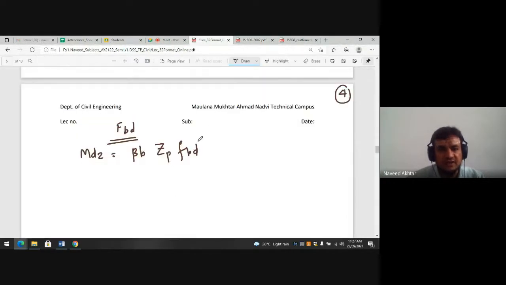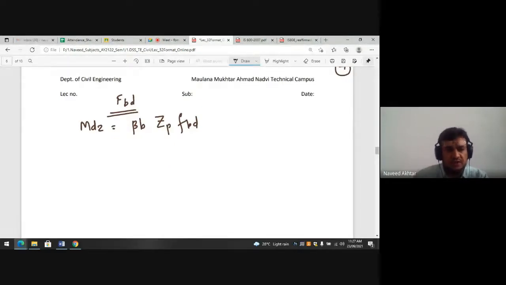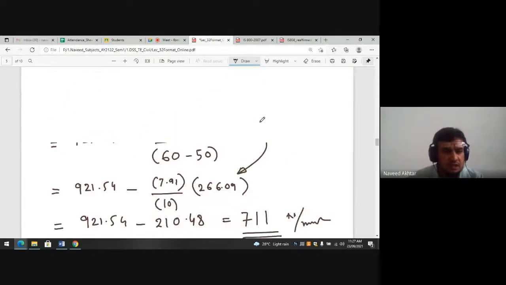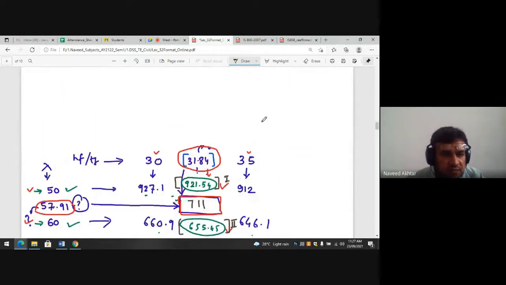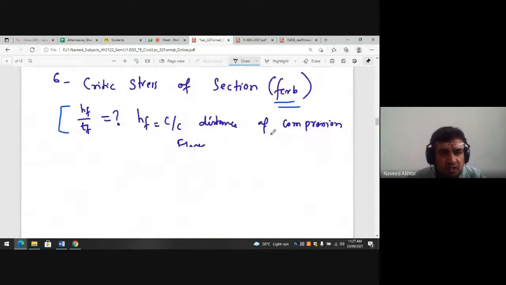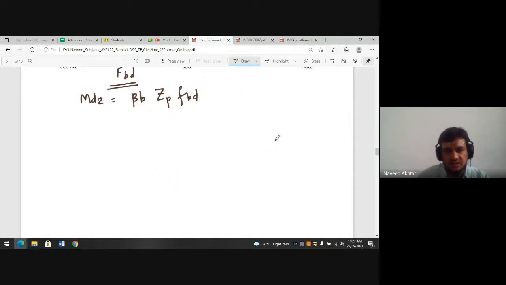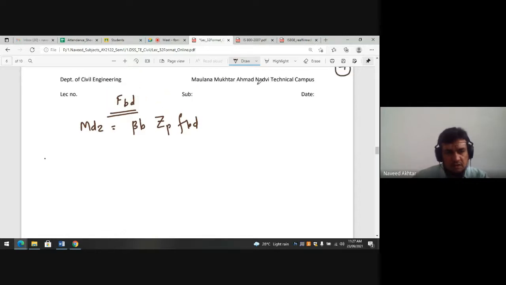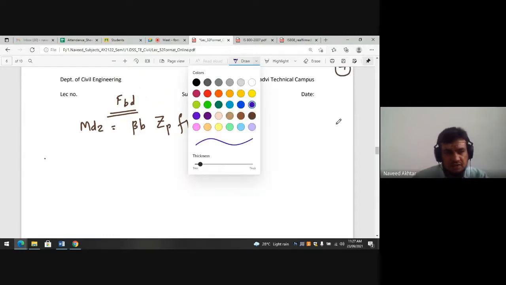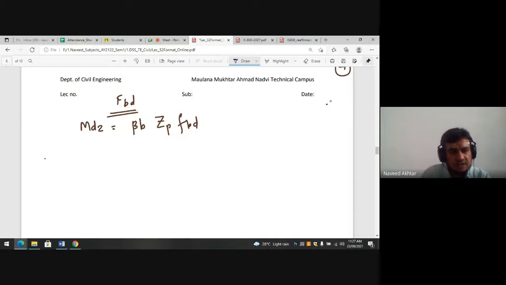So in our case, if I write down this step number, which is step number 7, I think 6 is there. I will write down step number 7. So this is step number 7.